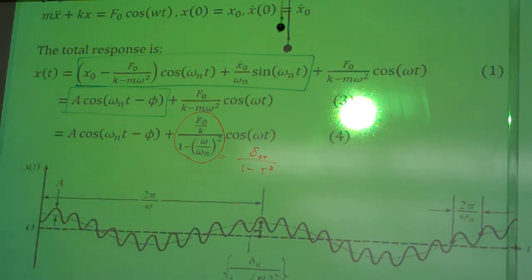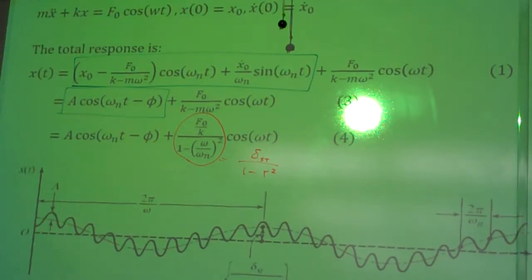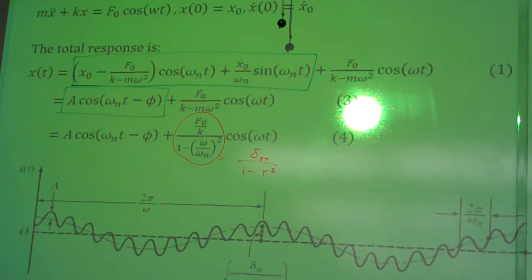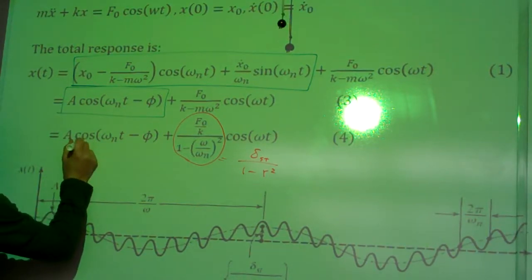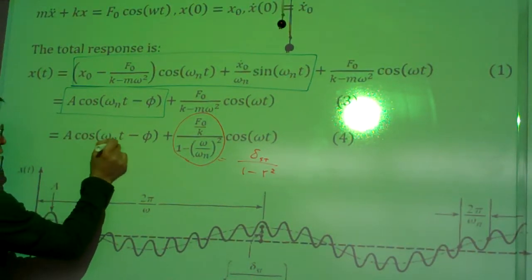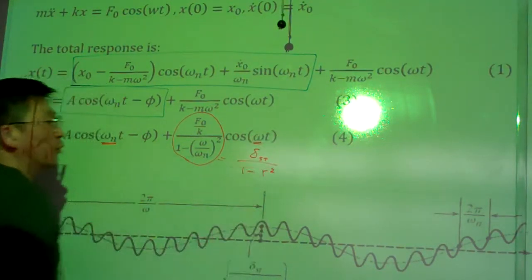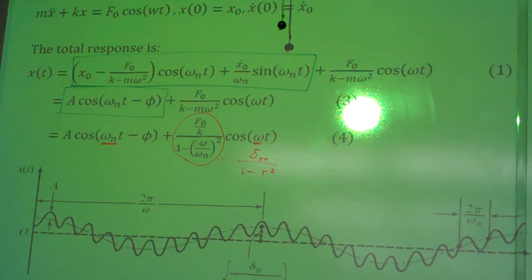Okay. So basically, the result for this case is simply the linear combination of two harmonic functions. One is a cosine oscillation of the frequency omega n. The other one is at the frequency omega. We simply combine the two cosine functions of different frequencies.